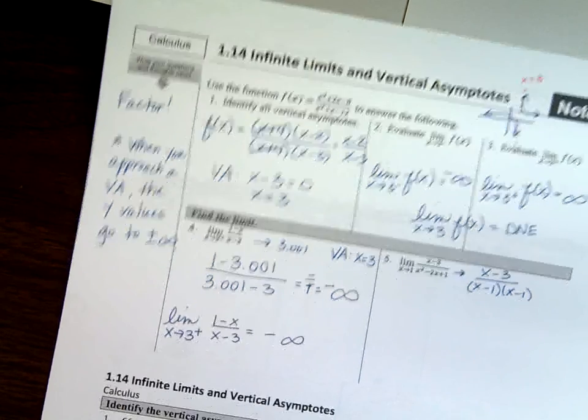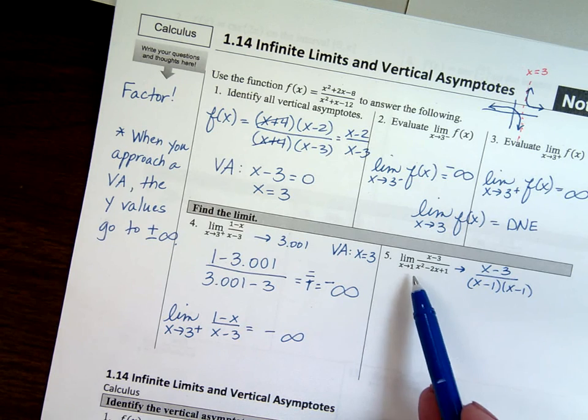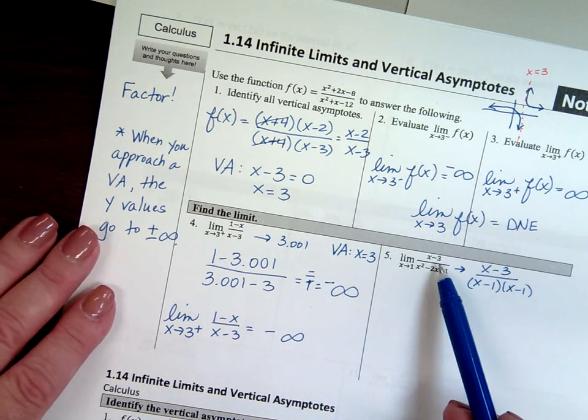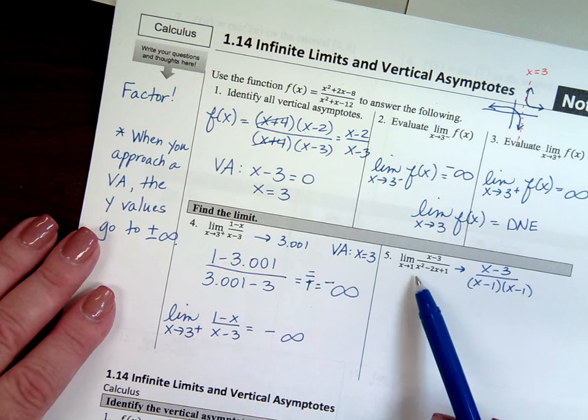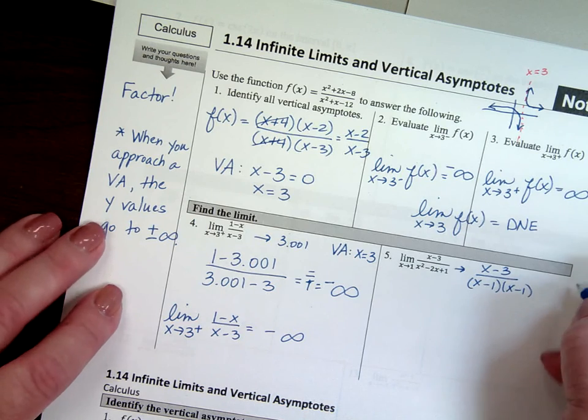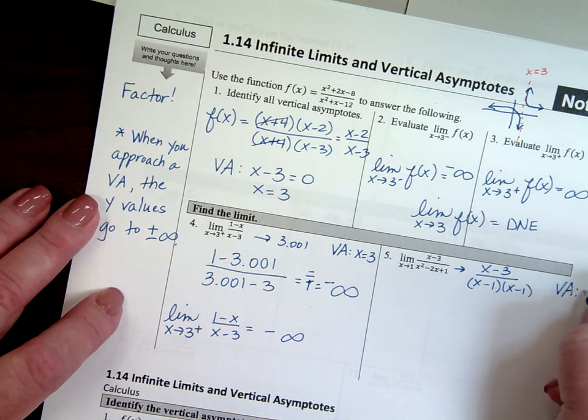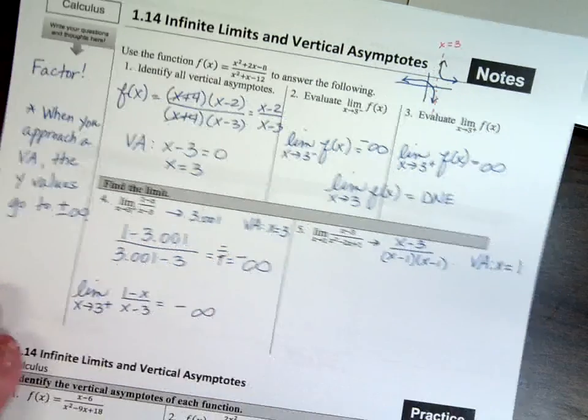If I try direct substitution, because that's always the first thing you want to try with these, I get a 0 denominator. If I have a 0 denominator, what do I have? A vertical asymptote. Where is it? At x equals 1. So I've got a vertical asymptote at x equals 1.